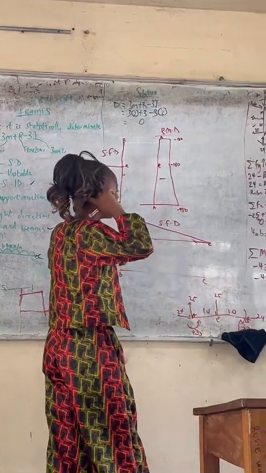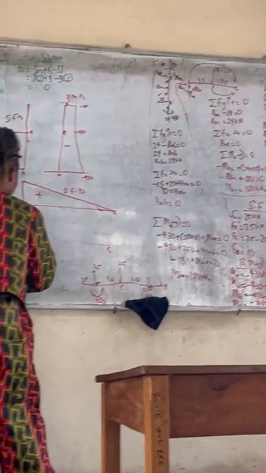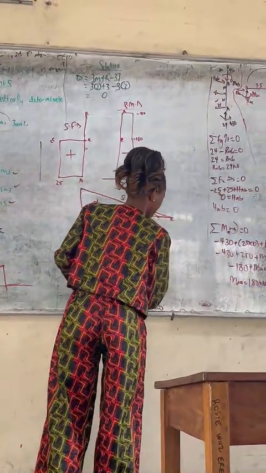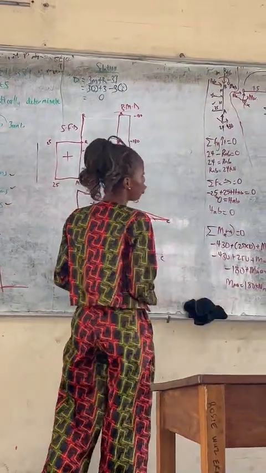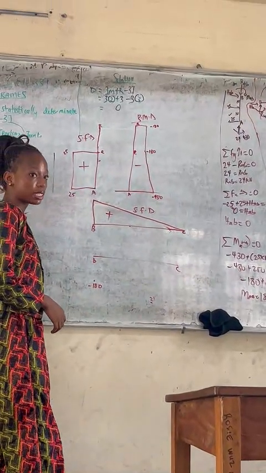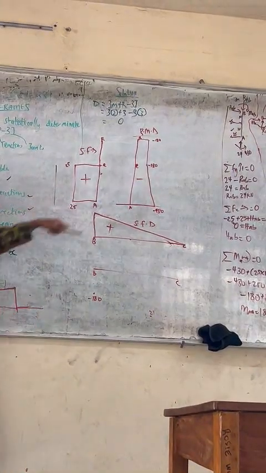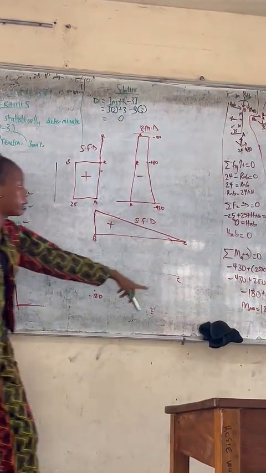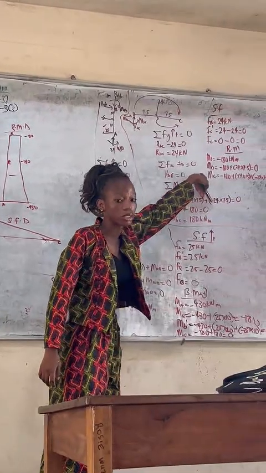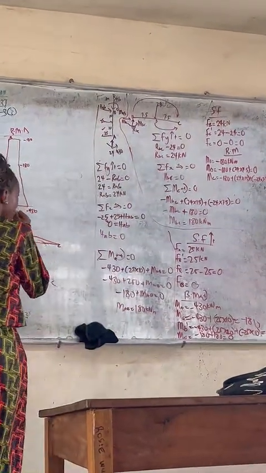Now our bending moment at B, you have what? Negative 180. Then at that point, after the point load is acting, there's a moment there. You know that this load we converted into a point load, so there's a moment there. That's what I named as M. Do we get it?